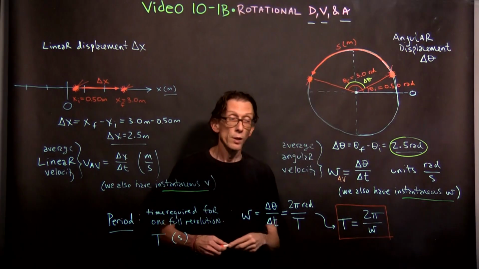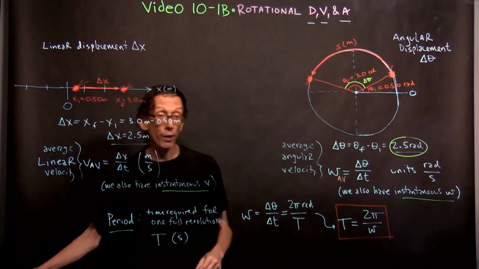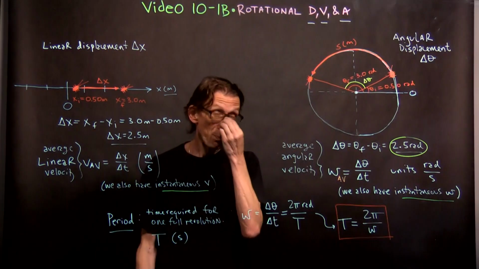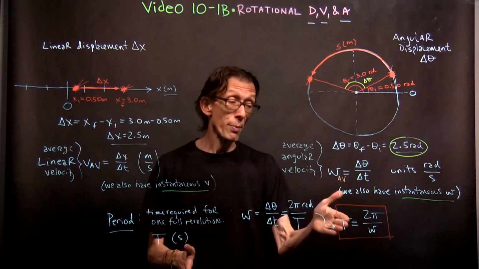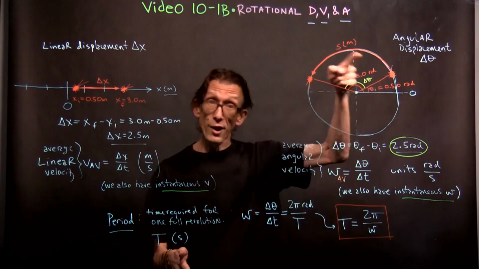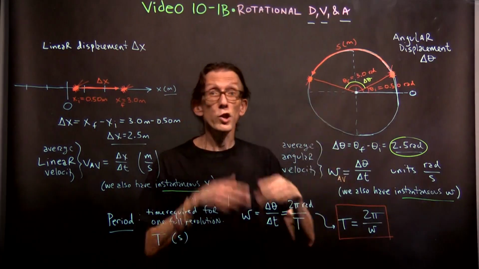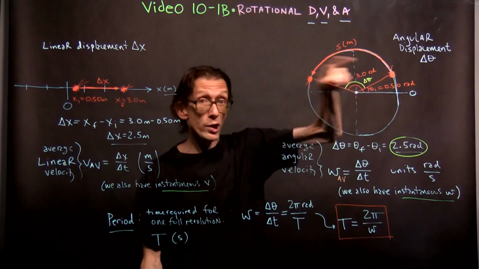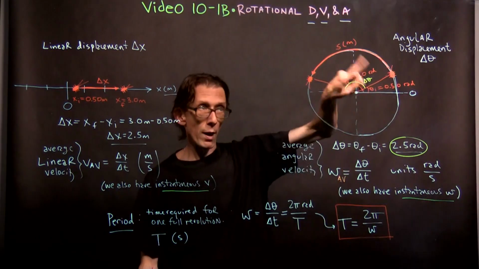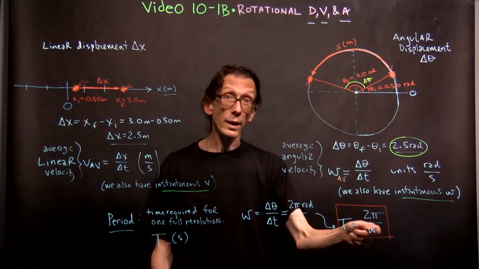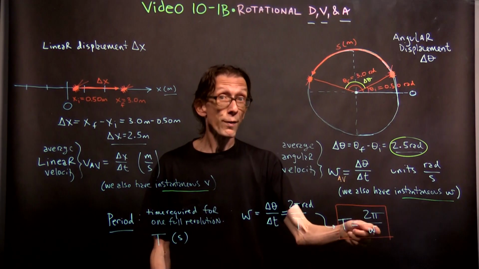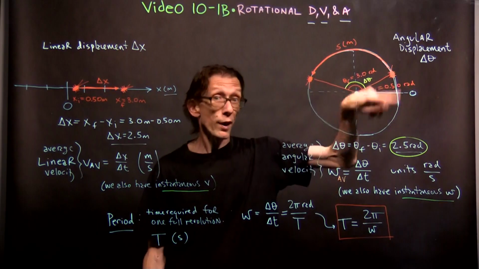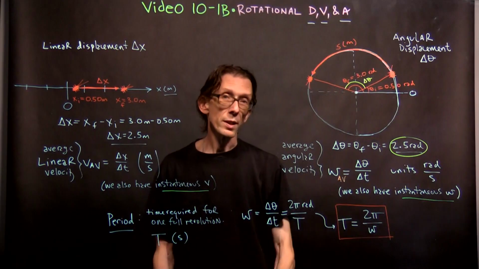Just wanted to stick that here at the end because it's important. It'll come up again. But you can see why there should be a connection between the period and the angular velocity. The higher the angular velocity is, the shorter the period is. So if omega is big, if the bug's really trucking, zipping around real fast, the angle is changing very quickly, which means that T is small.